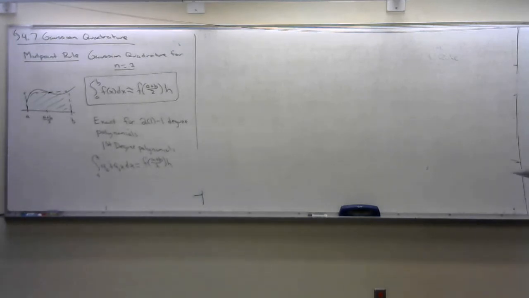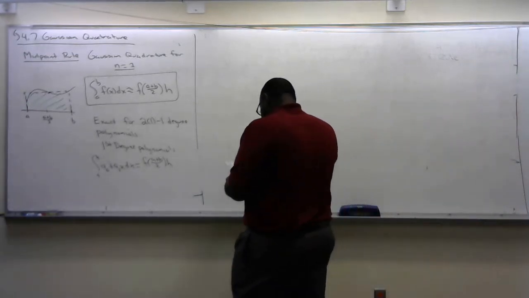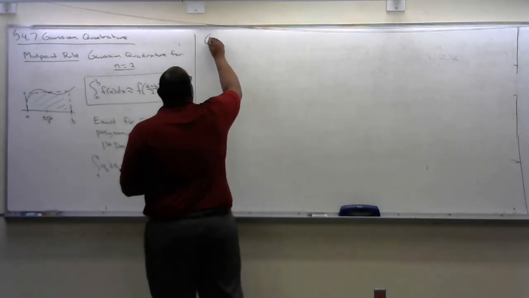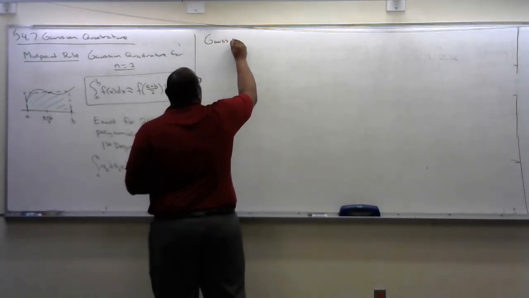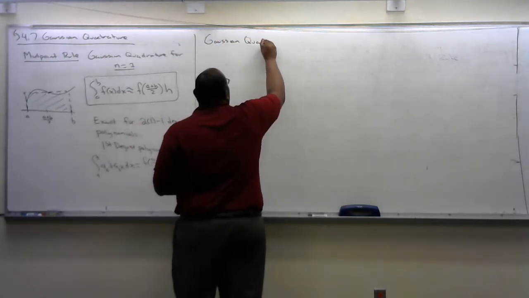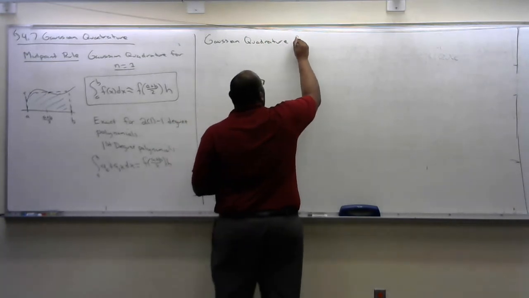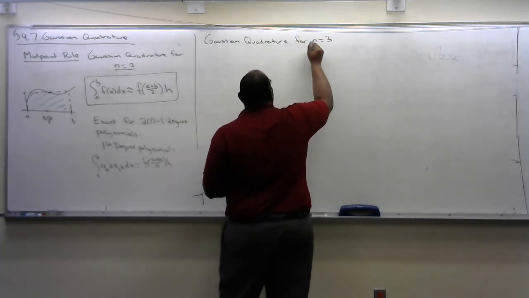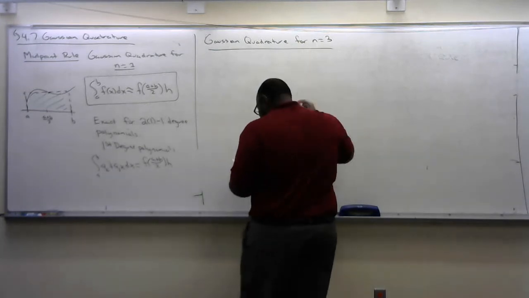All right. So let's see. Before we finish, let's talk about extending this. We have n equal to 1, we have n equal to 2, Gaussian quadrature. Here's another one. Gaussian quadrature for n equal to 3, this one I have written down.